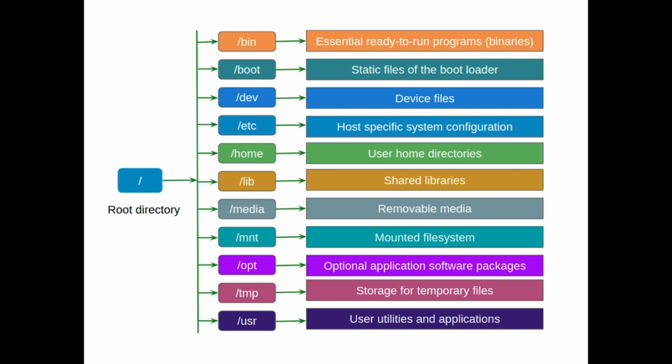There are two types of users when it comes to Linux. There's a root. Remember, yesterday I said that the root is similar to the administrator. So the administrative user, which is the root, and then the normal user. So this directory is only available to the root user, not a normal user.